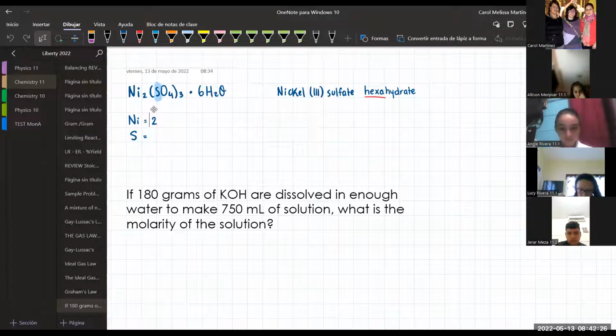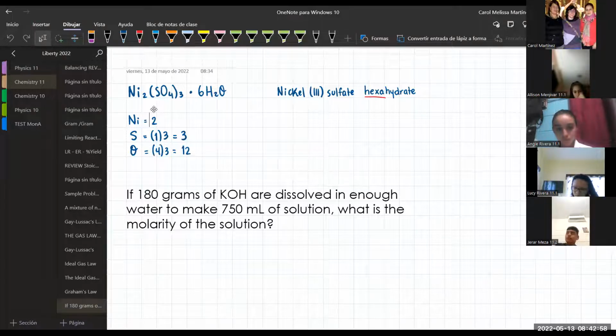So, inside the parentheses, I have invisible 1, and outside the parentheses, I have 3. In total, I have 3 sulfurs. In oxygen, I have 4 oxygens inside the parentheses, 3 outside the parentheses. So, I have 4 times 3, which is 12.